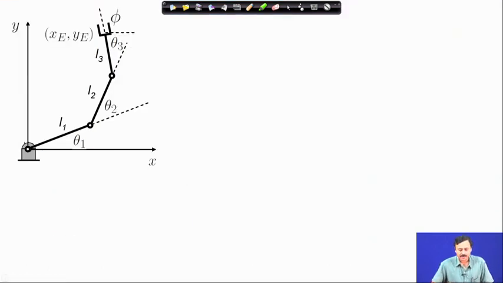So, here is the schematic once again. What do we have to do? We need to locate the coordinates of the end effector in terms of theta 1, theta 2 and theta 3.